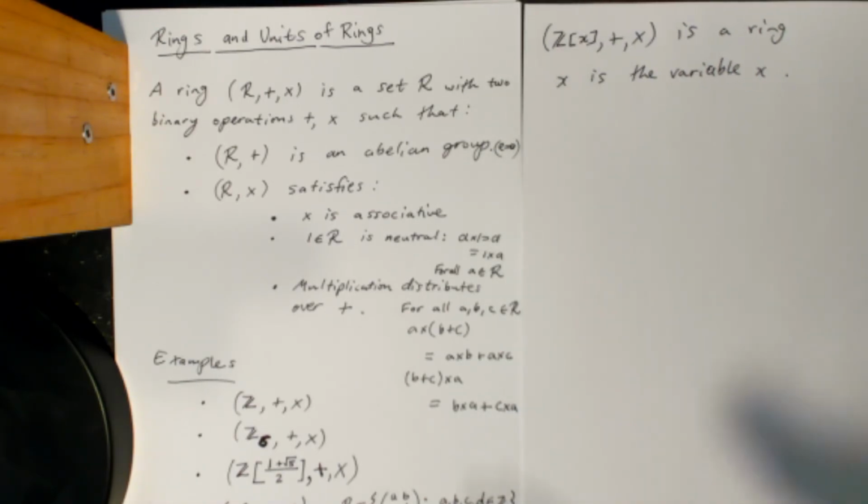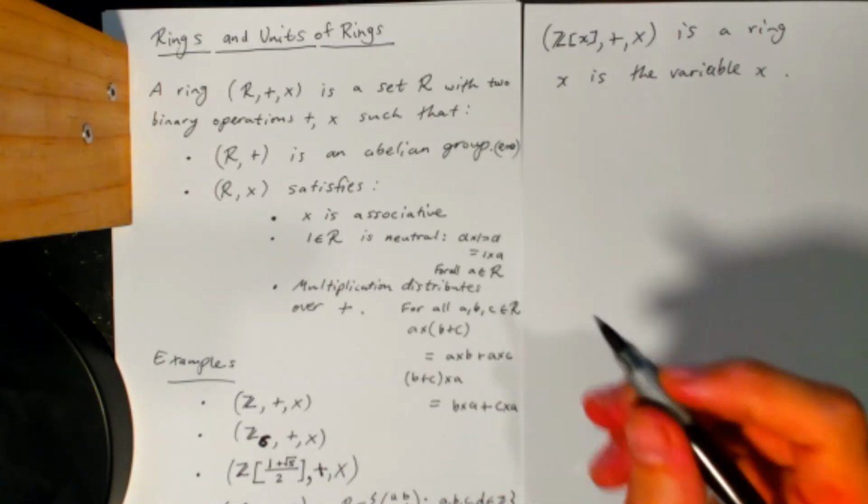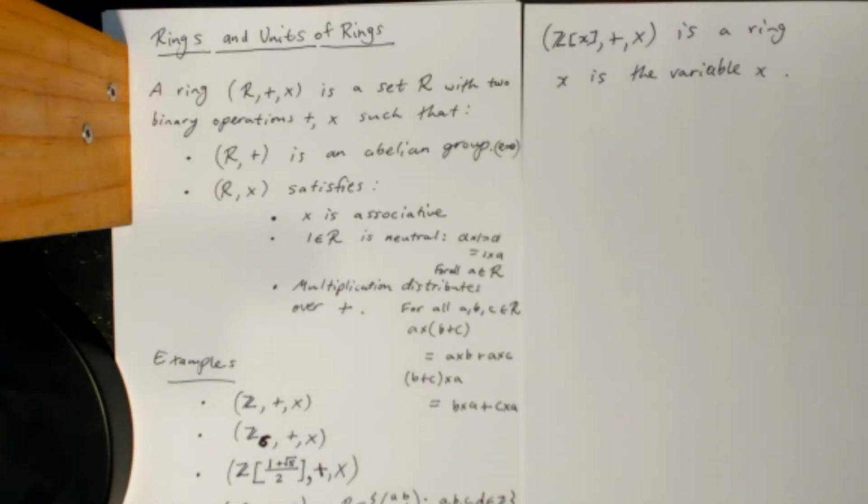Okay, so this is a ring. Now what is it? Well, remember what we did in terms of z adjoin omega. So let's see if I find the page for that.